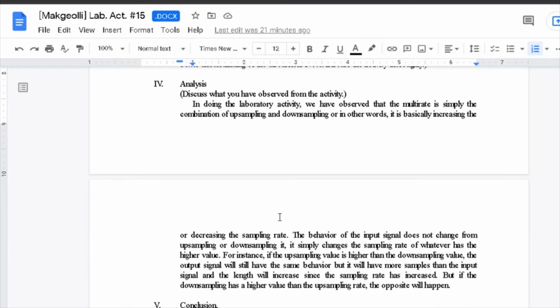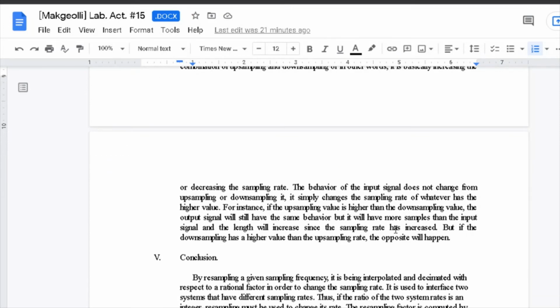So for our analysis, in doing the laboratory activity, we have observed that the multirate is simply the combination of upsampling and downsampling, or in other words, it is basically increasing or decreasing the sampling rate. The behavior of the input signal does not change from the upsampling or downsampling. It simply changes the sampling rate of whatever has the higher value.